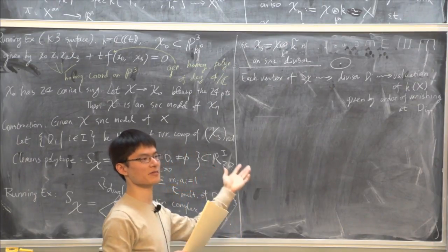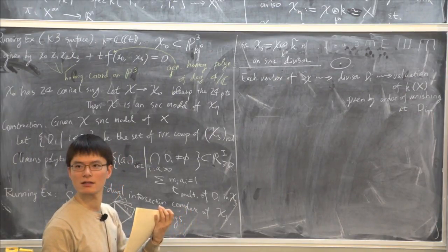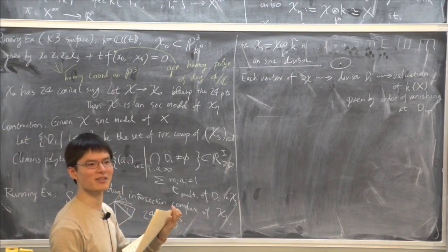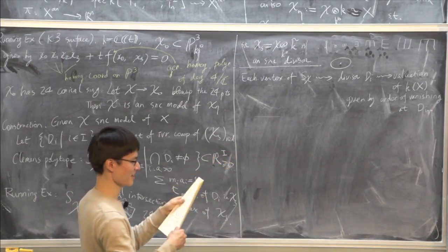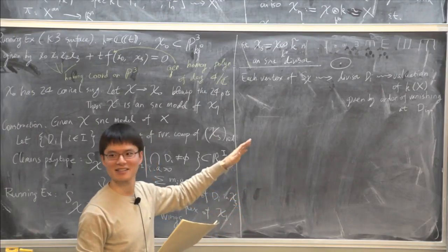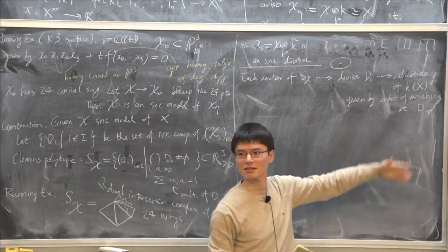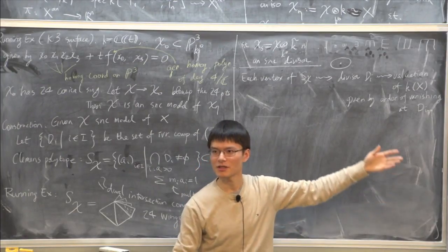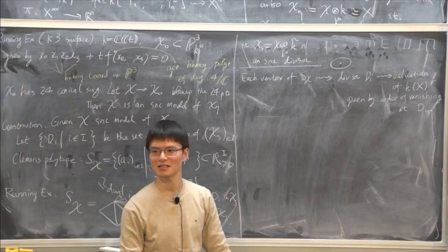Pole is negative, it's the same convention when you say order of vanishing. I don't see any contradictions here. So it's compatible with the valuation on the base, because on the base it's also order of vanishing, right?